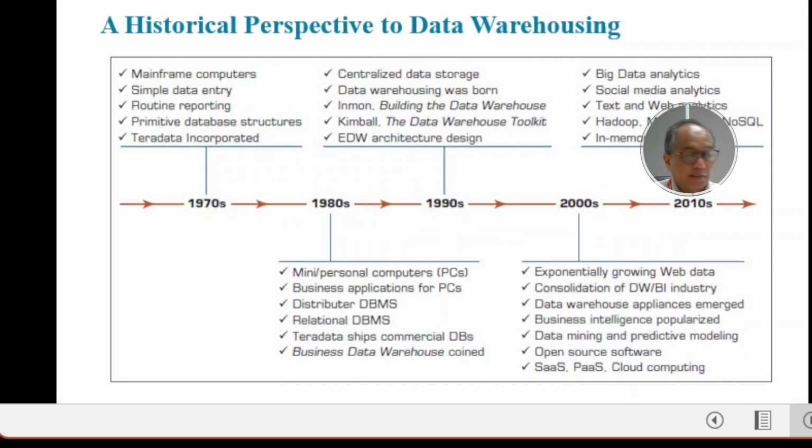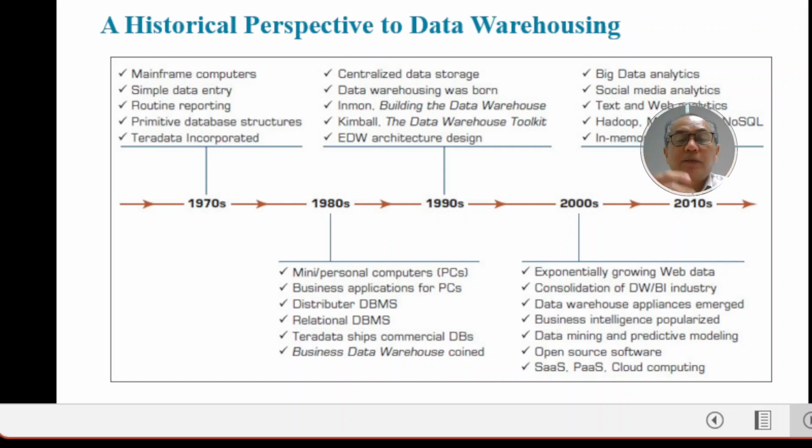So historically, data warehousing begins with mainframe computers where we have simple data entry, routine reporting, and primitive database structure. That is in the 1970s. In the 1980s, we have the advent of the mini personal computer and business applications for the PC. We have distributed database management systems and relational database management systems.